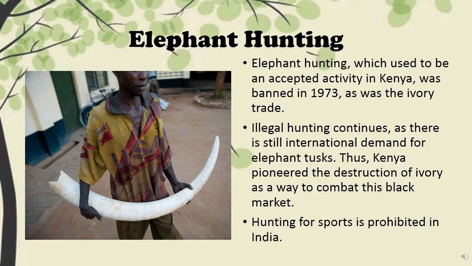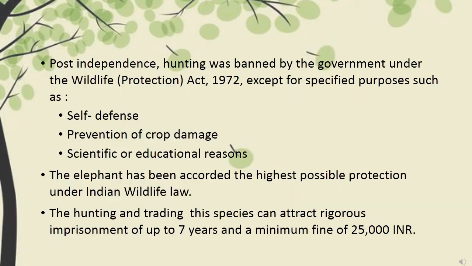Hunting for sports is prohibited in India. Post-independence, hunting was banned by the government under the Wildlife Protection Act in 1972, except for specified purposes such as self-defense, prevention of crop damage, scientific or educational reasons. Only under such circumstances was hunting allowed.